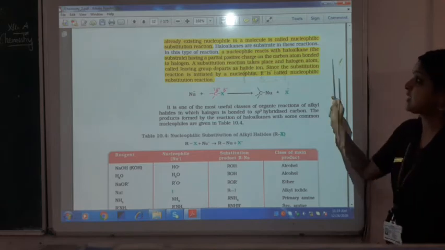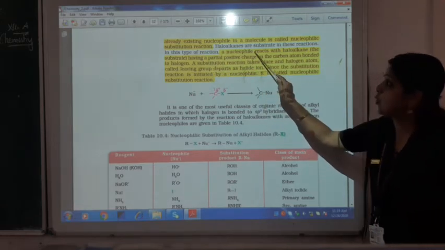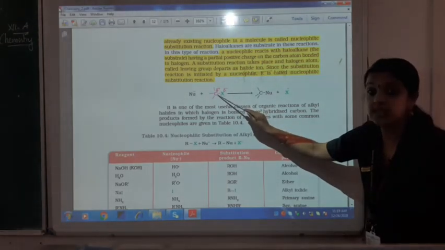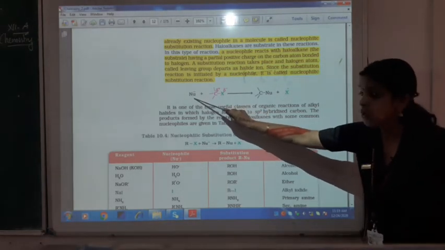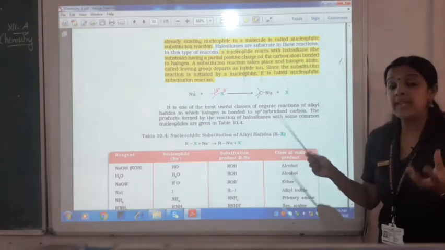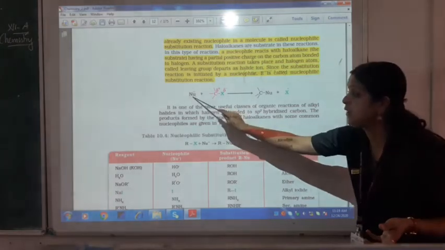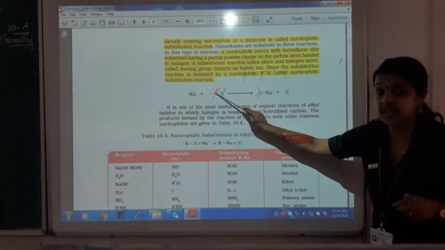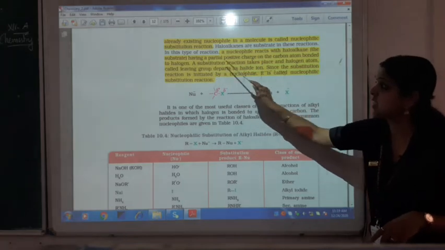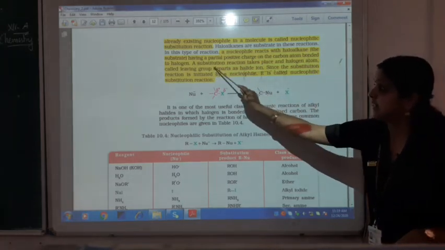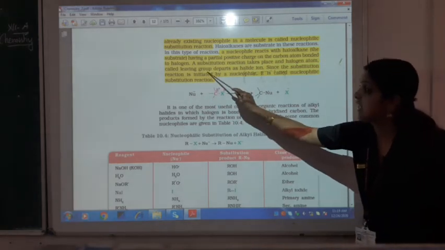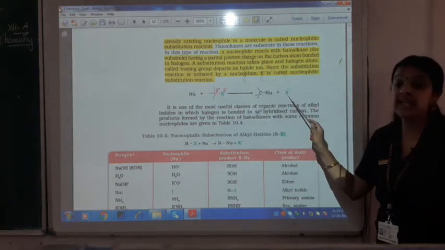Now children, listen. This nucleophile will attack the haloalkane, which has a partial positive charge. This is a nucleophile, an electron rich species. Being negatively charged, it will look for a positive center, so it comes and attacks my carbon. When this attacks the carbon, a substitution reaction takes place and the halogen atom, called the leaving group, departs as a halide ion.